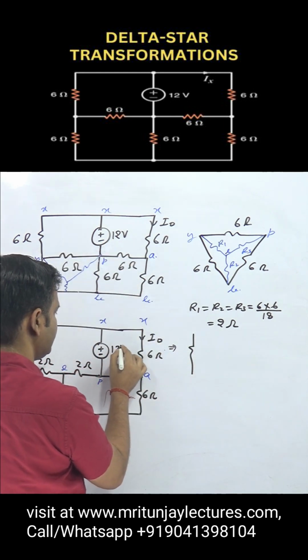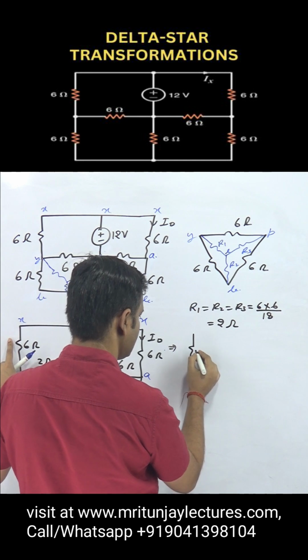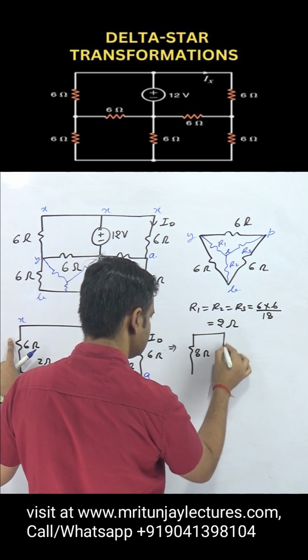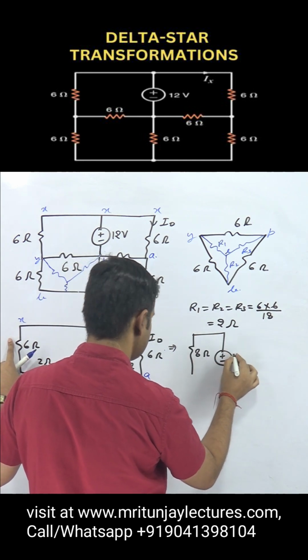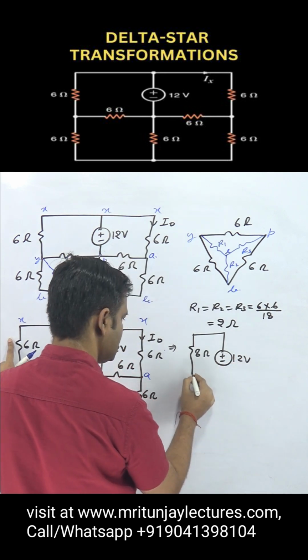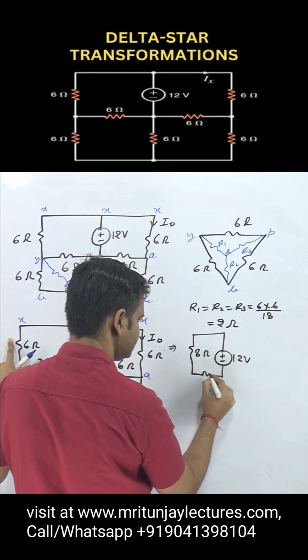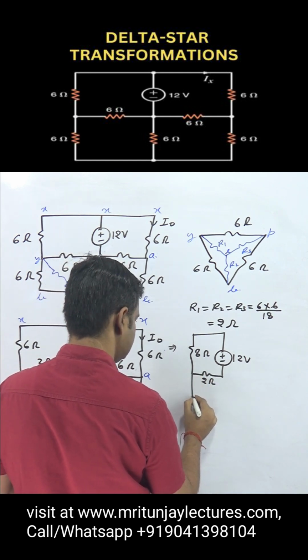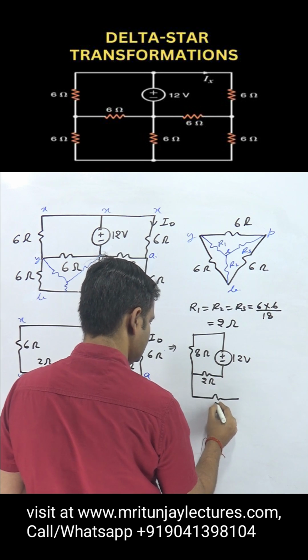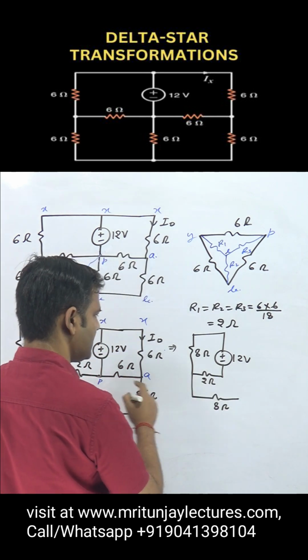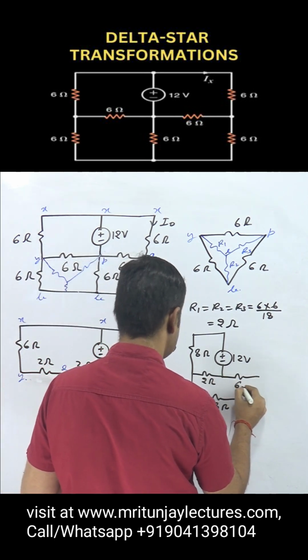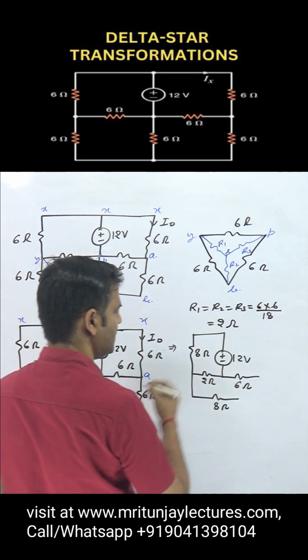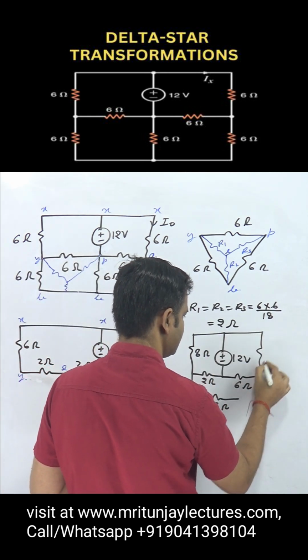That is 12 volt, 8 ohm, plus minus 12 volt, and that is 2 ohm. 8 ohm, here 6 ohm, and here 6 ohm.